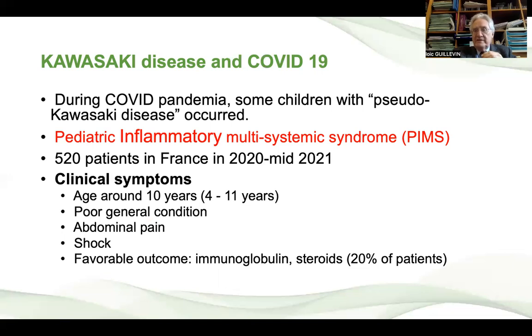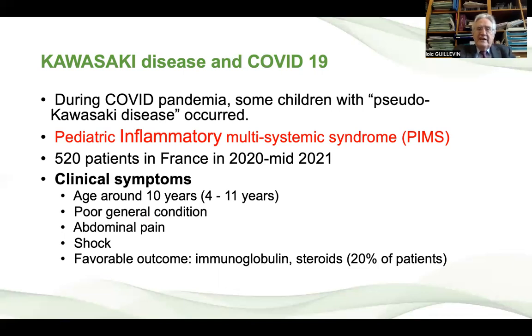It is a vasculitis. It is not very frequent. In France, for instance, we observed approximately 500 patients. But there are some differences between what has been described by Kawasaki and what has been observed during this disease.